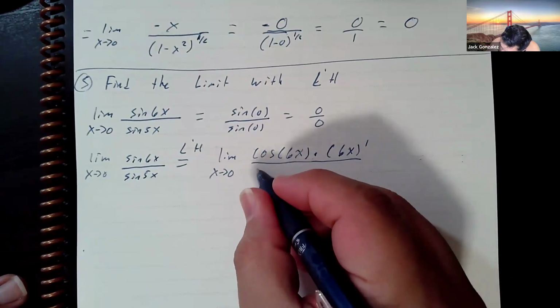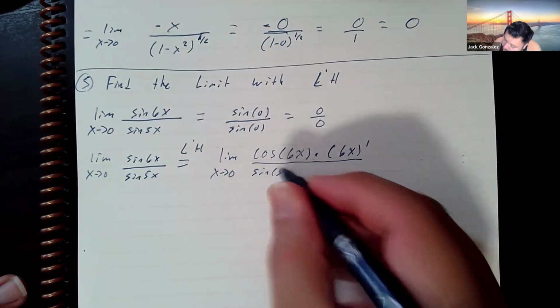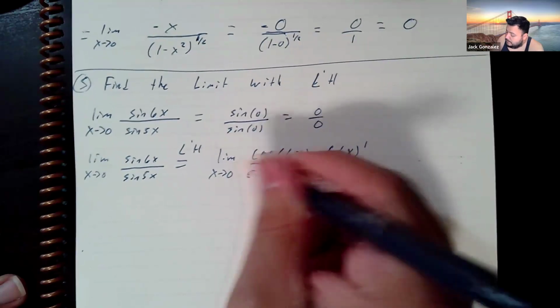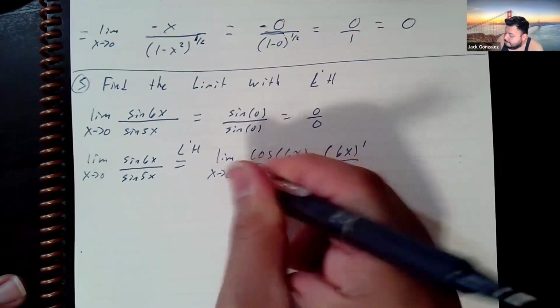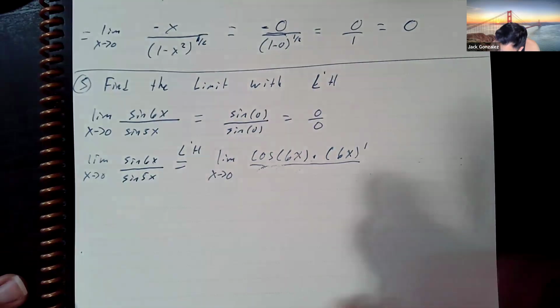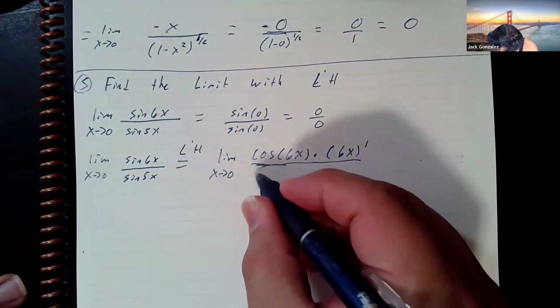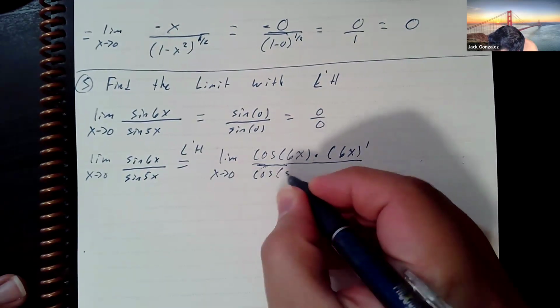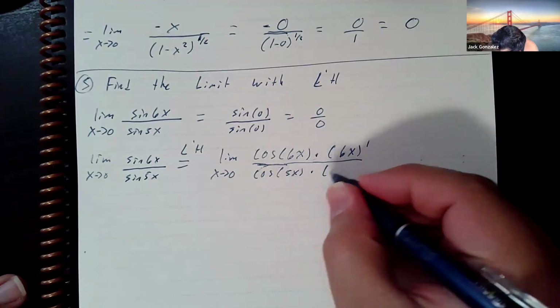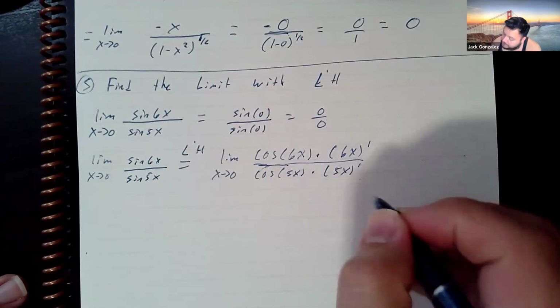And then derivative of sine 5x will be cosine times the derivative of 5x.